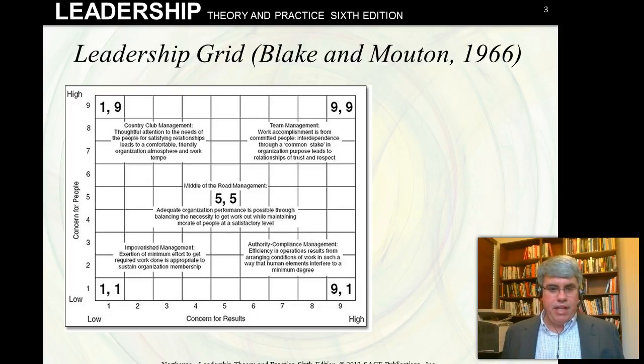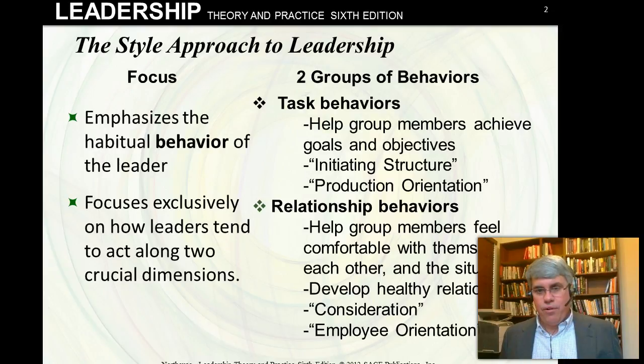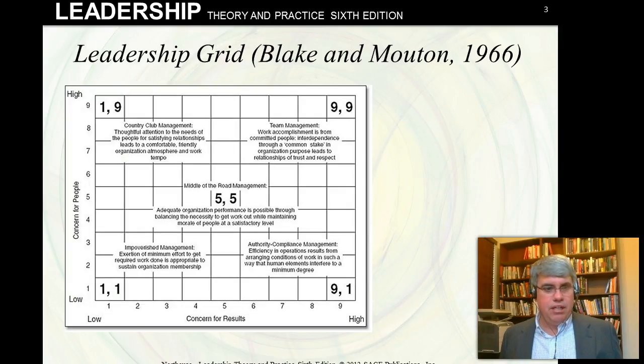So what we basically have is two dimensions. This vertical dimension here is concern for people, or the relationship orientation, or the consideration, relationship behaviors, employee orientation. That's all the same thing. It's all this concern for people here. This other dimension is the task-related behavior, or concern for results.